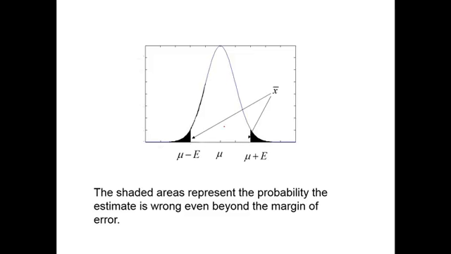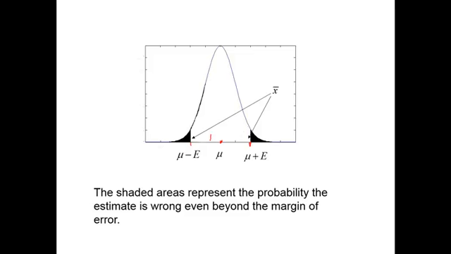Okay, so here we have set up mu, and we allow a margin of error, mu minus E down here, mu plus E down here. We draw a sample, X bar.